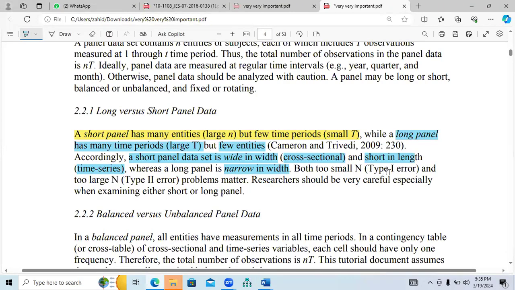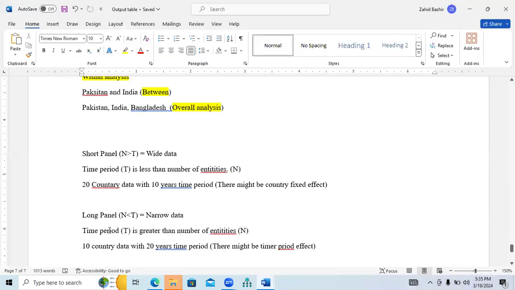Now, this is the basic thing that you need to understand. Both too small N (type 1 error) and too large N (type 2 error) problems matter. In case of small N, you may have type 1 error. And in case of large N, you may have type 2 error.